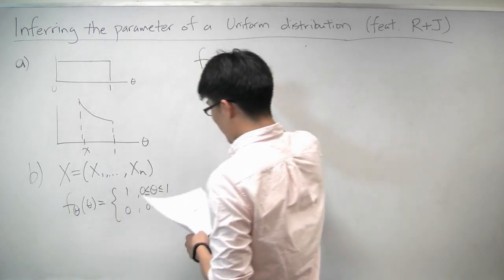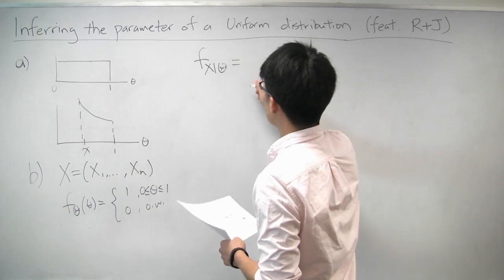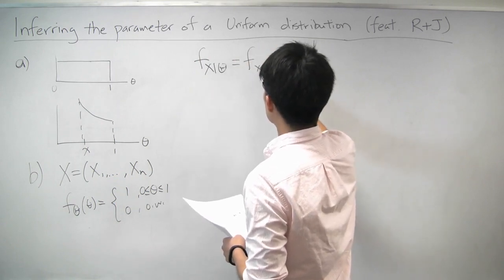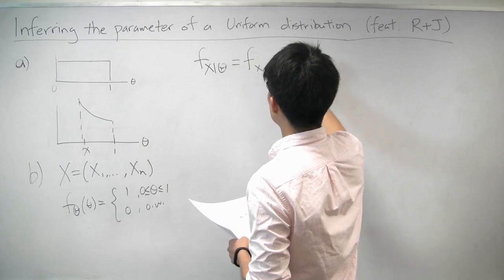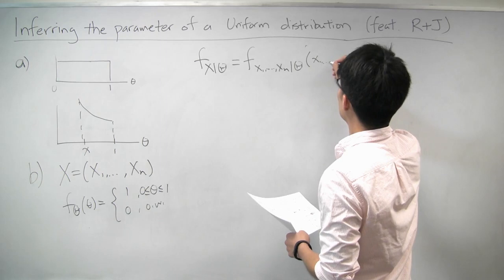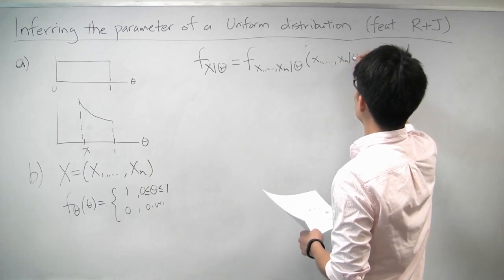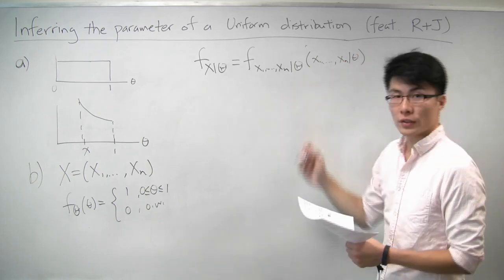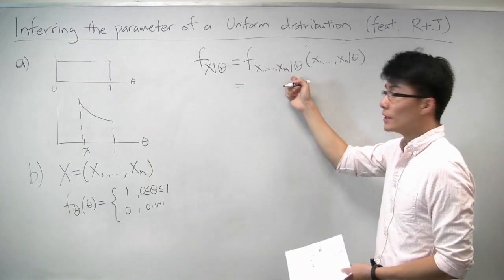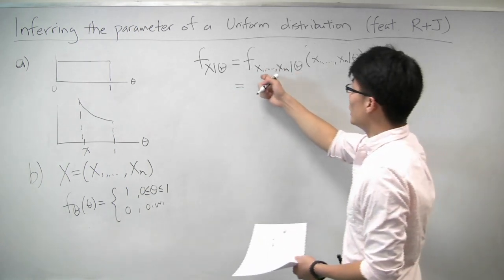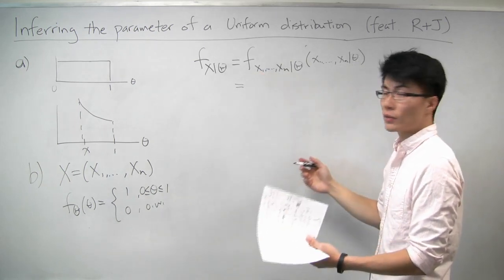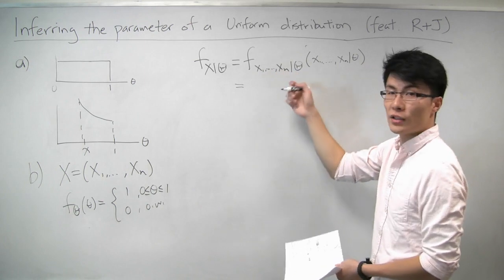And so what we get is that this is going to be equal to, you can also imagine this as a big joint conditional PDF of all the x's. And because we said that they're conditionally independent given theta, then we can actually split this joint PDF into the product of a lot of individual conditional PDFs.